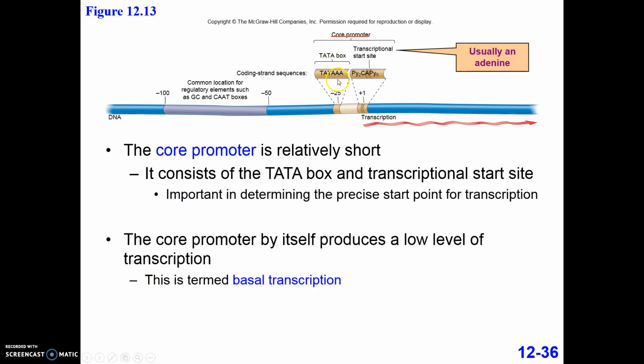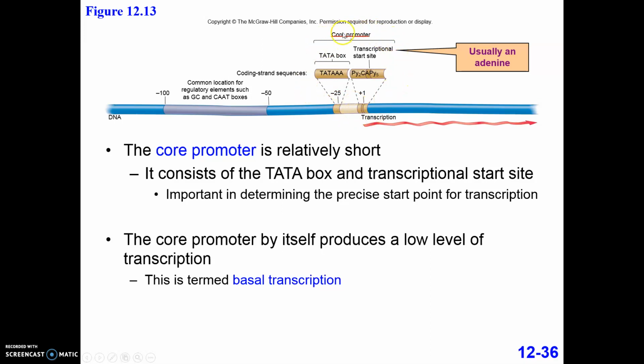So let's take a look at that. Here is the actual gene. Here is the +1 transcriptional start site. So when we make RNA, it will start there. Just upstream of that, we have the TATA box. And these two in combination are the core promoter.